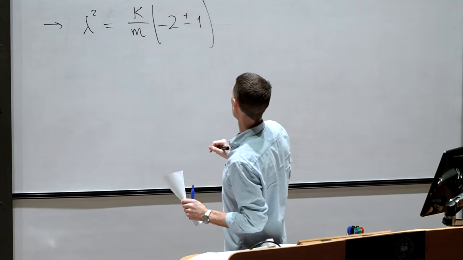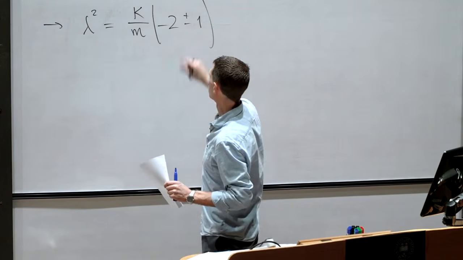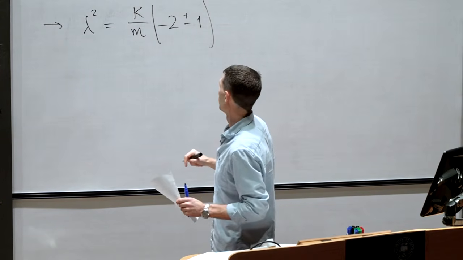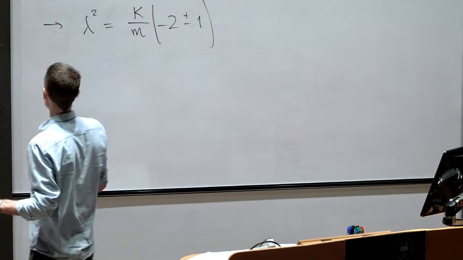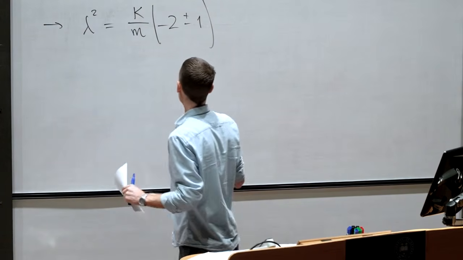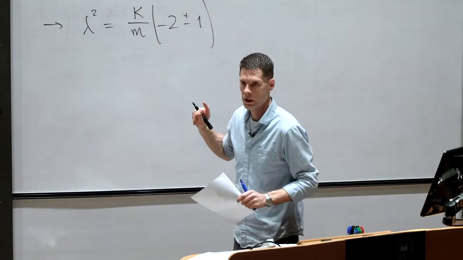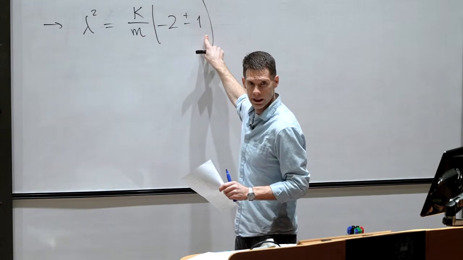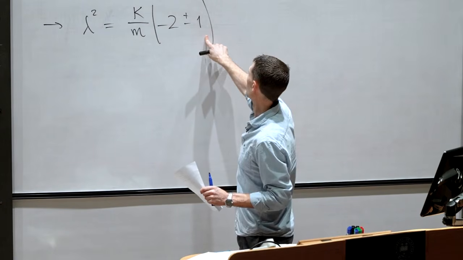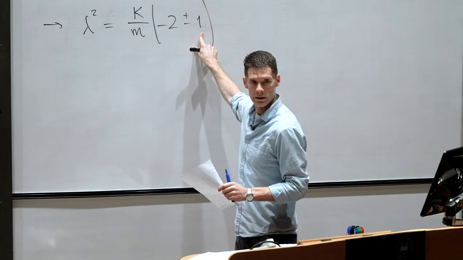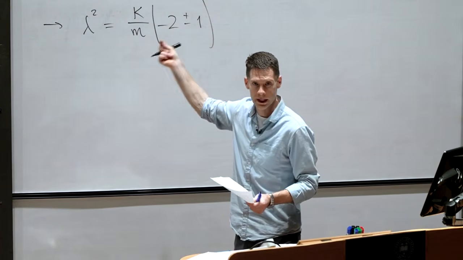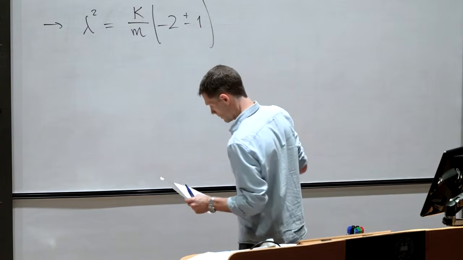So you get lambda squared is k over m times minus 2 plus or minus 1. And that must be a squared then. Sure. In any case, I think the important thing here is lambda squared has a minus 3 or a minus 1. So they're both negative, which means lambda is purely imaginary. All four lambdas are purely imaginary, which means we have pure oscillation. Right?